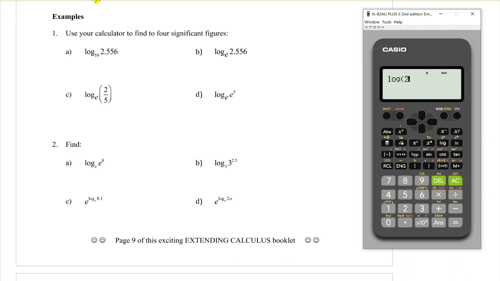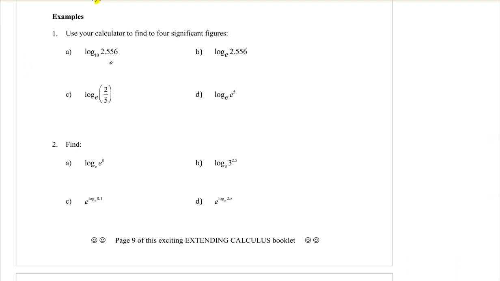And you just type in 2.556 and press equals. 4 significant figures means I want the 4075. Because there's a 6 after that 5, I need to round that up to be 0.4076. Okay, that's all on the calculator.